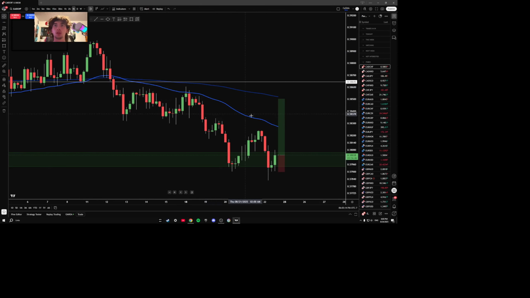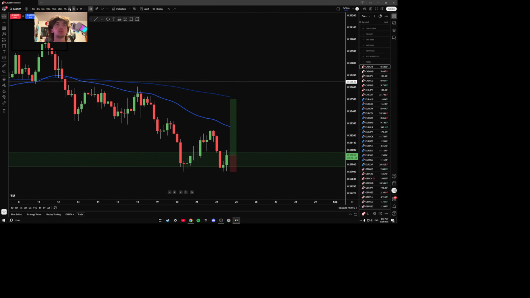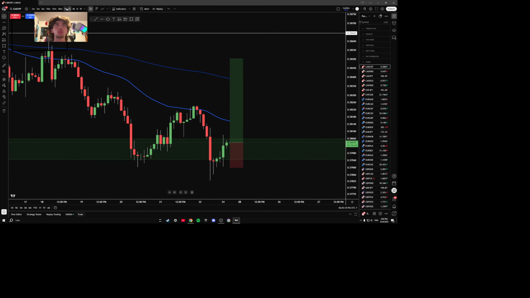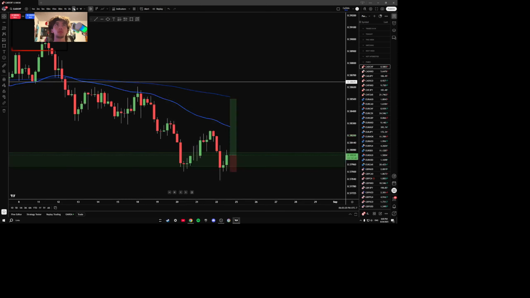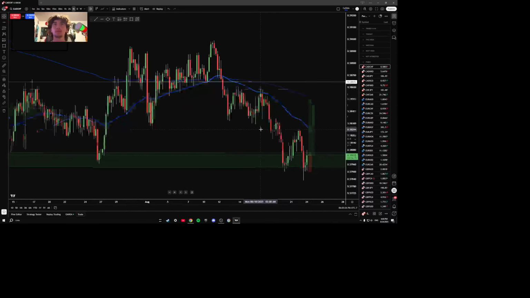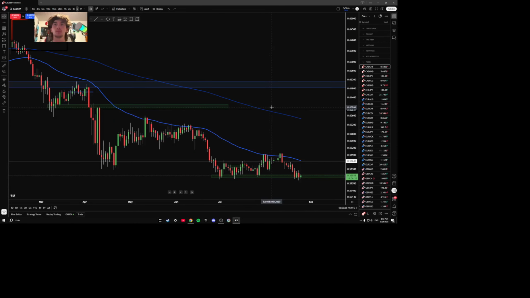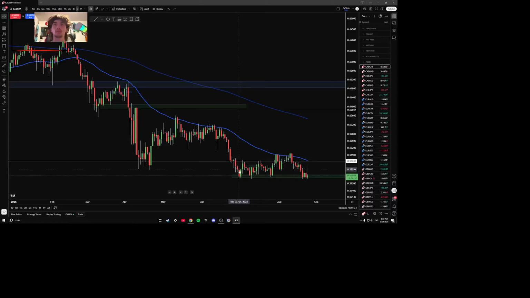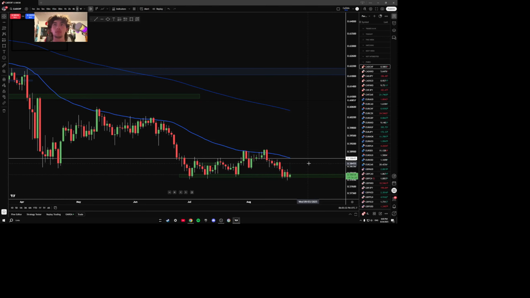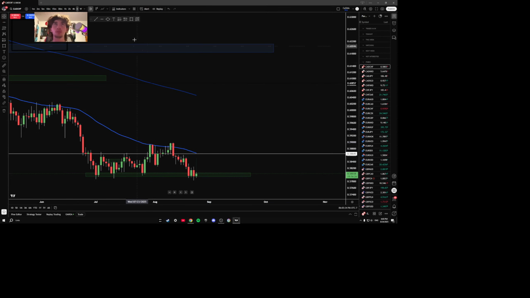Counter trend trade. I think we're gonna take it, honestly. Prime area of interest. We have a second take profit up here.